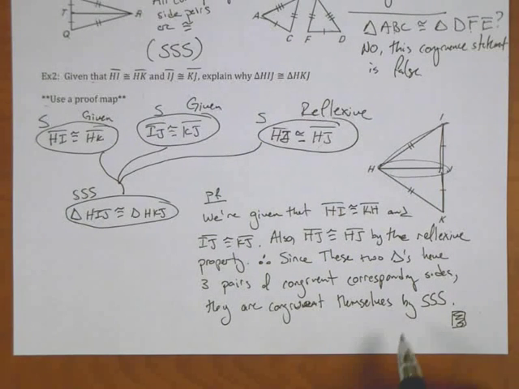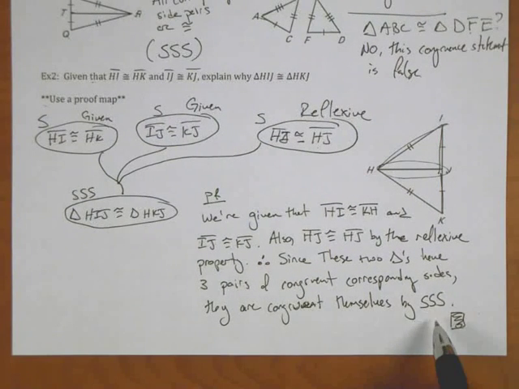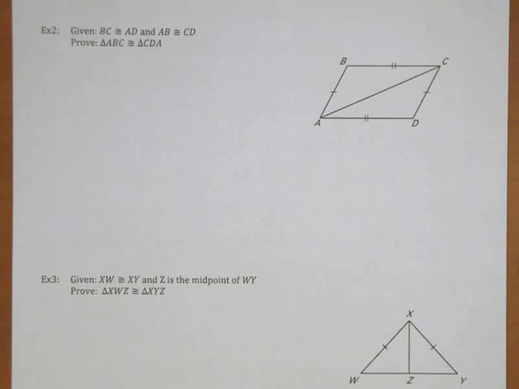The by side might be a little redundant, but it's nice to say that I know what the name of the theorem is, and I know why I'm allowed to apply the theorem, because I have 3 pairs of congruent sides.